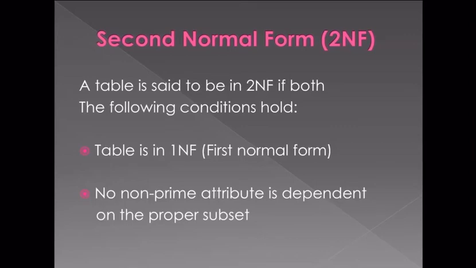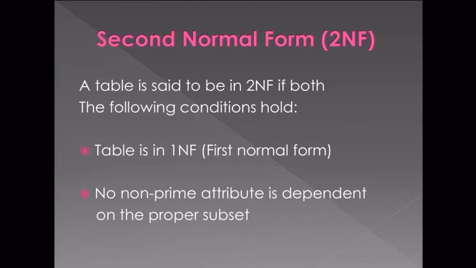Second normal form. The definition of it is: a table is said to be in second normal form if both the following conditions hold. 1. Table is in first normal form. 2.